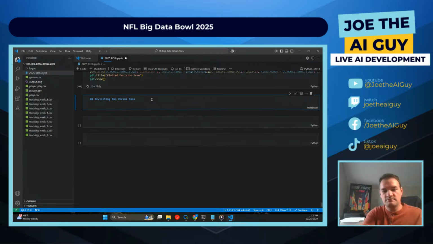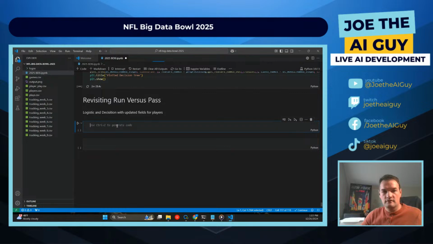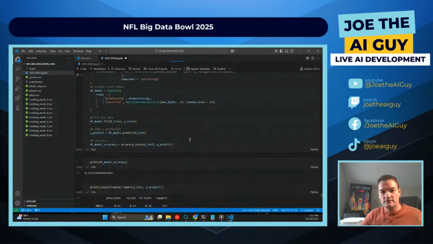So just revisiting run versus pass, we're going to do logistic and decision tree with updated fields for players. Not what I wanted. That's fine.